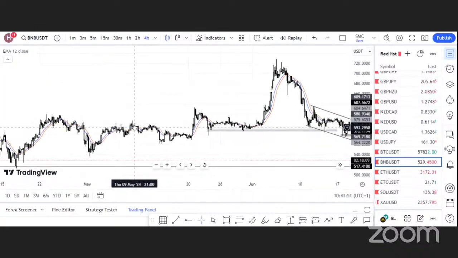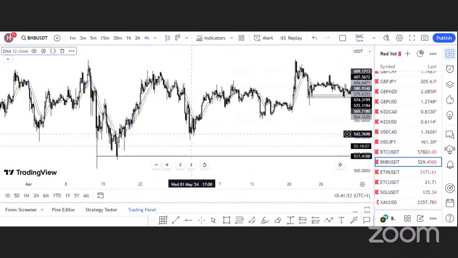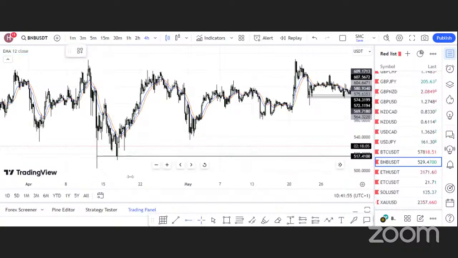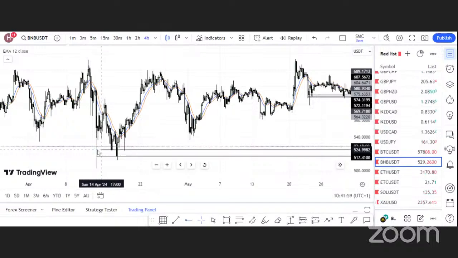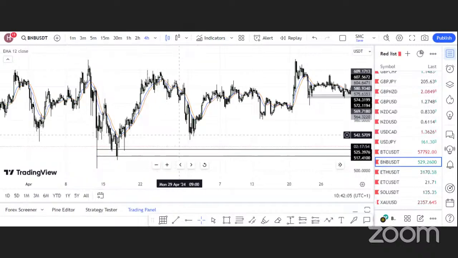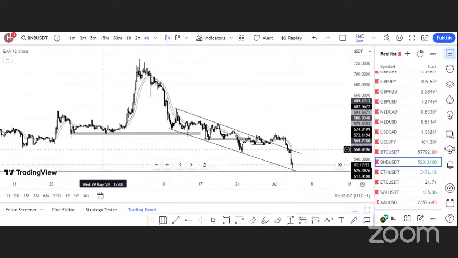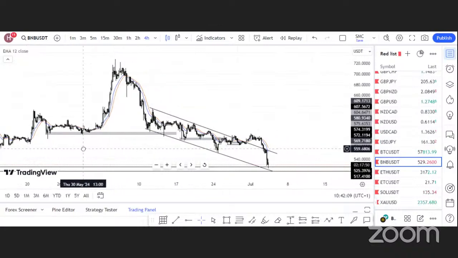So for this trade right now, we have this level. Okay, so we have two levels here on the 4 hour time frame, and the market is going to reverse from any one of those. All right.